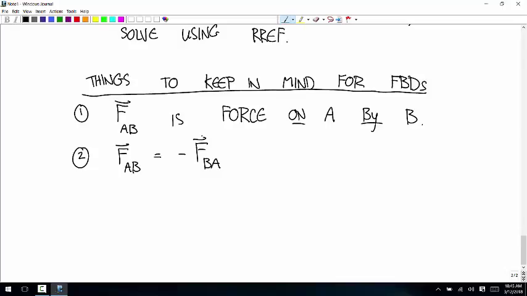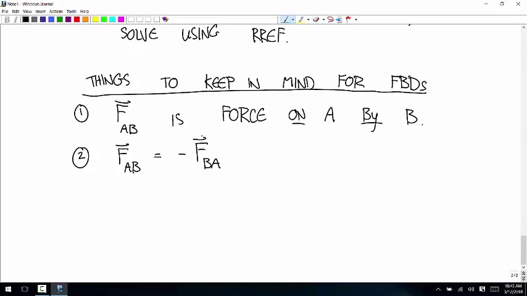Like in our example, we have body 1 and body 2. And body 1 up here had the force on 1 by 2. This one had the force on 2 by 1. But Newton's third law says we don't have to treat that as 4 separate variables. We can just treat it as 2 variables.